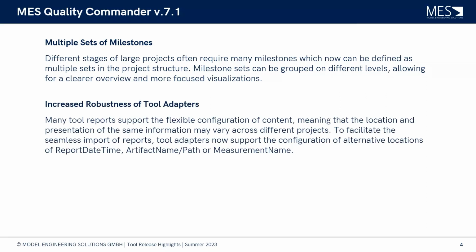But maybe because of the flexibility of these tools that are used by the customer, the report content where we have to read our data from may differ, and we made our adapters more robust to also find the corresponding data that we need to calculate a quality, that we also find this data in case it was flexibly configured in another way in the initial report tool that is creating the report, sorry.